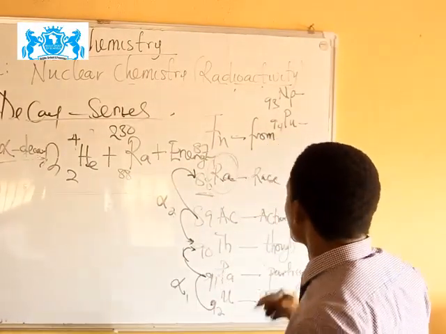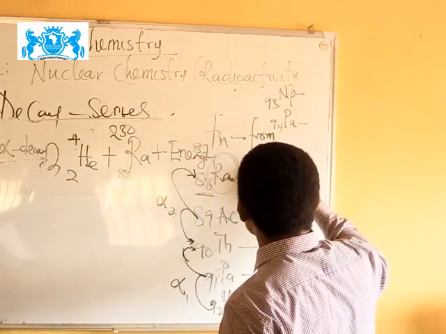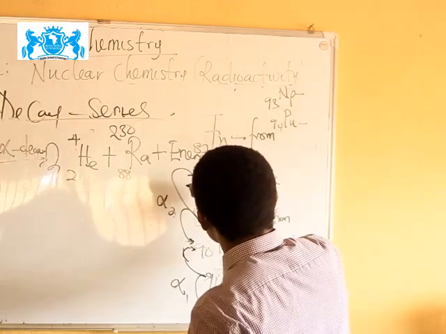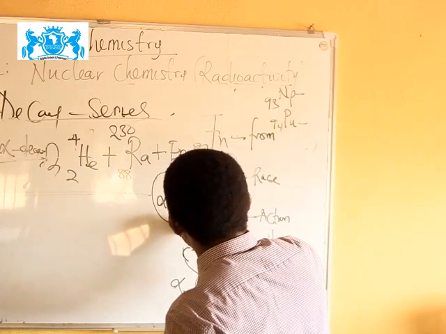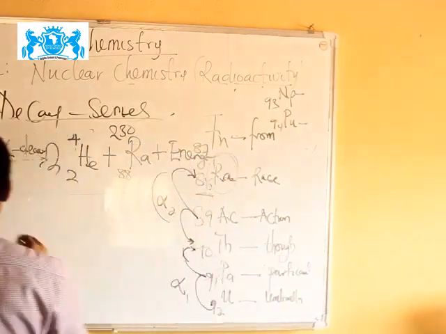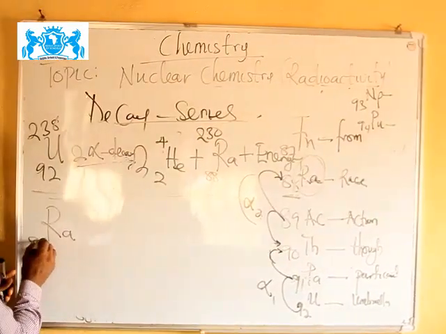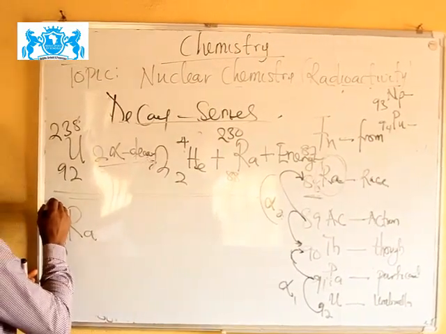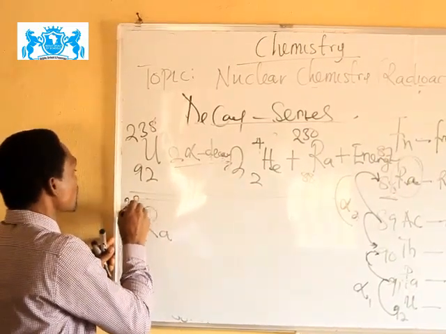Now if you look at this, let's say radium is undergoing one beta decay, radium 88, with nuclear mass 238.